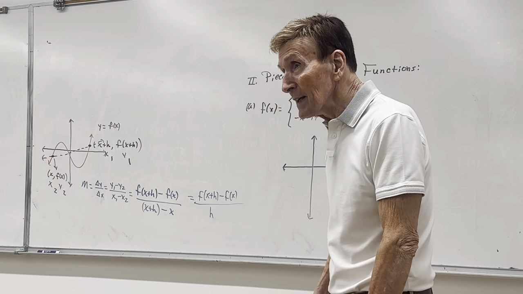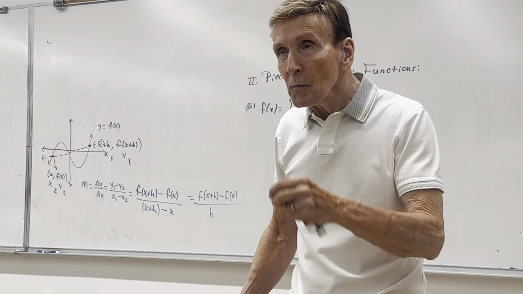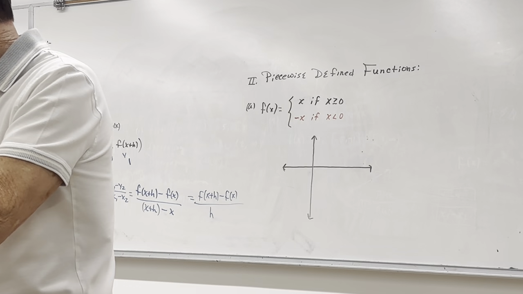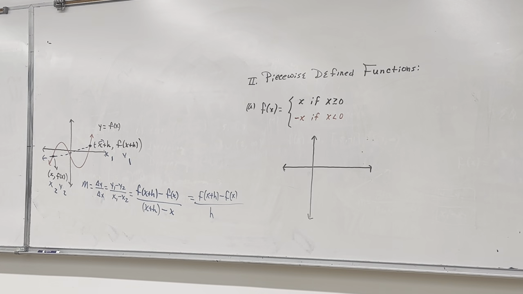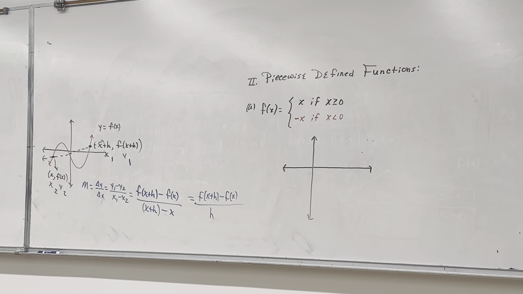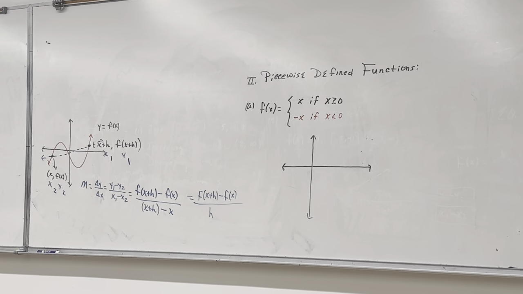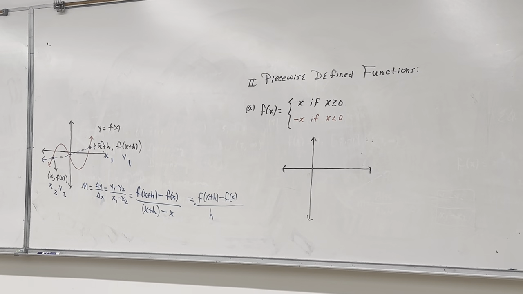Does anyone think they know, when I finally finish up and graph those 2 pieces on the same grid, what shape it is? What the final shape of that function given in 2 pieces looks like? Is it a parabola?